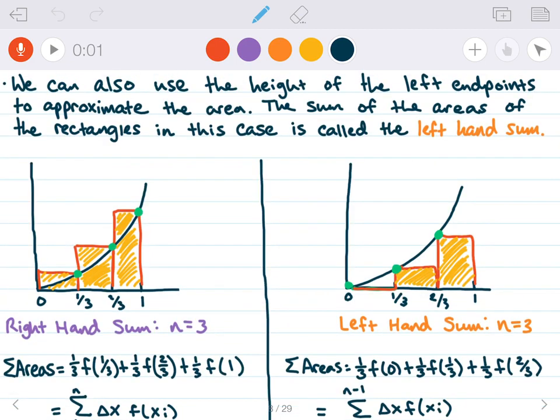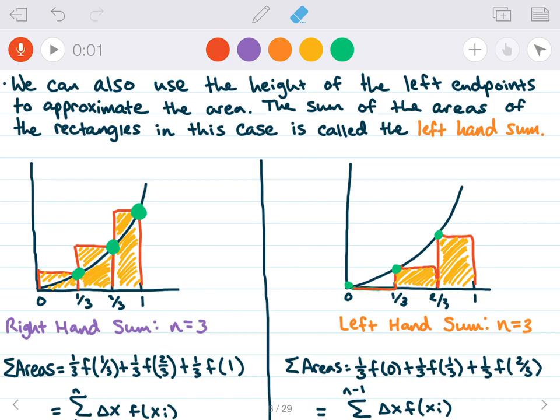All right, so the examples that I did, we used right-hand sums, and all that means is that I'm taking the height to be the right point on the rectangle. So for this one, I took the height to be f of 1/3, and then f of 2/3 for the second rectangle, f of 3/3 for the third rectangle. But we can also approximate the area under the curve using the left endpoints, right?